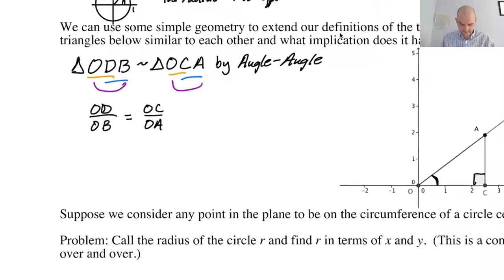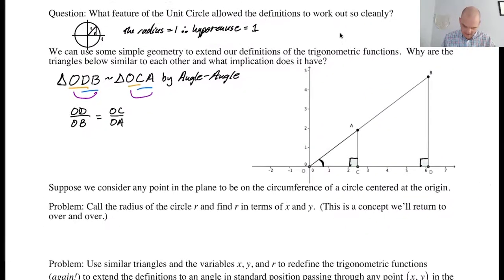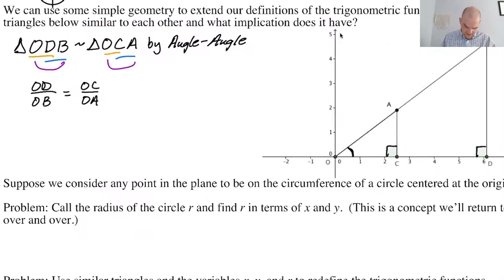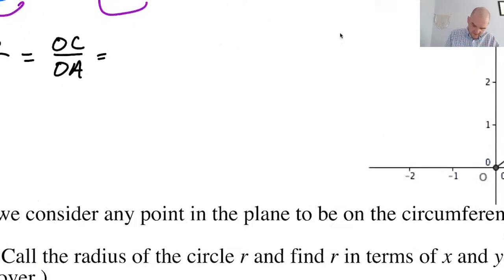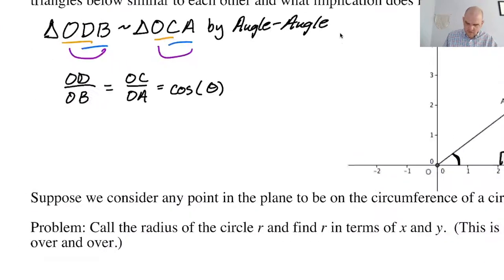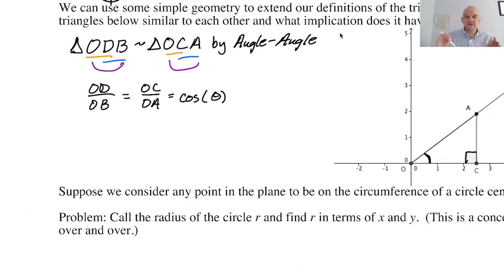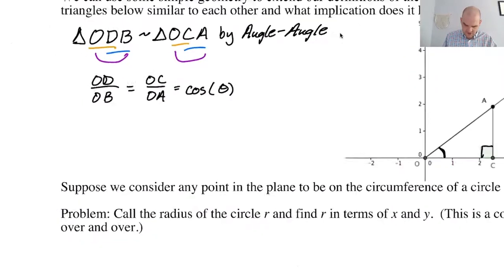Both of these equal cosine of theta. They have to be equal because they're in proportion, and it turns out they both equal cosine. So I guess I should do the sine one.